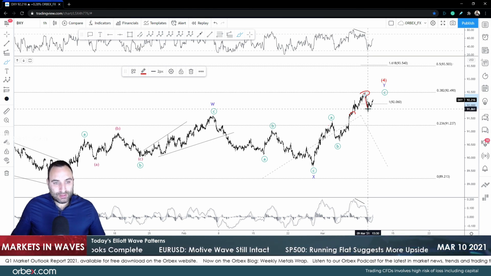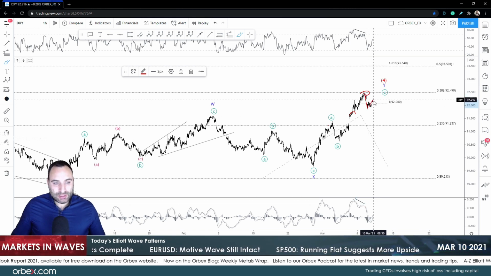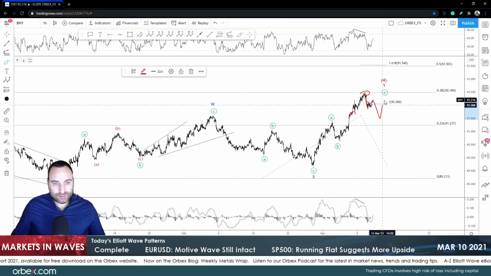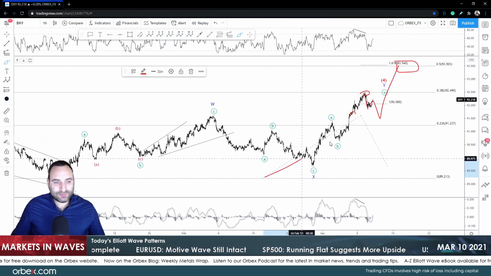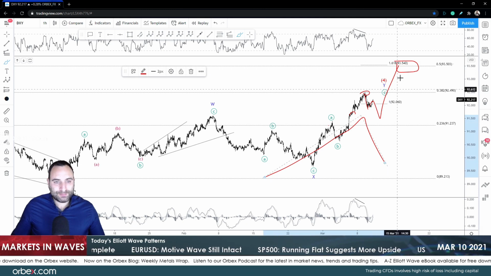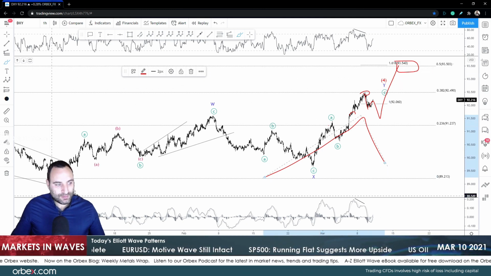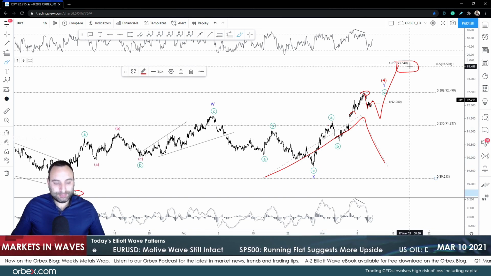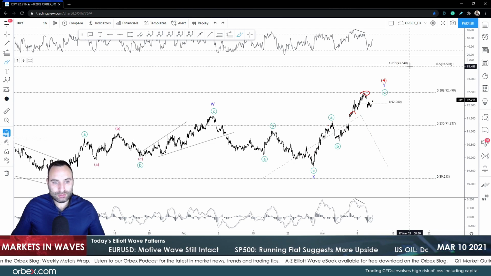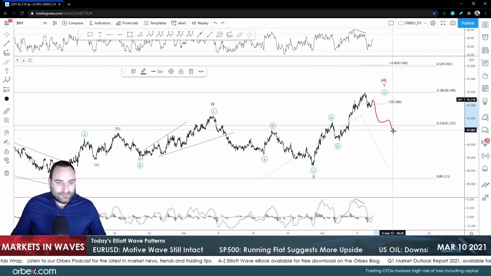Now we're looking at this particular scenario as an ABC and a potential continuation up to the cluster of the 161 Fibonacci extension of WX and the 50 Fibonacci retracement of wave 3, intermediate wave, at 93.54. Or we're looking at this scenario, falling a little bit further down.